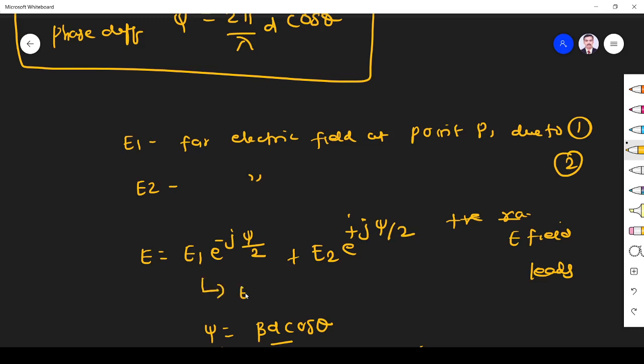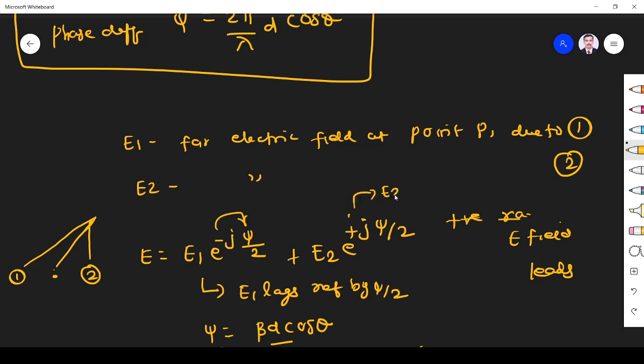This equation indicates E1 lags reference by psi by 2. We know this is the reference, this is point source 1, this is point source 2. First 2 will reach, then radiation from the reference will reach, then radiation from 1. So this minus psi by 2 indicates E1 lags reference by psi by 2. This indicates E2 leads reference by psi by 2. That is a very important point to be noted.